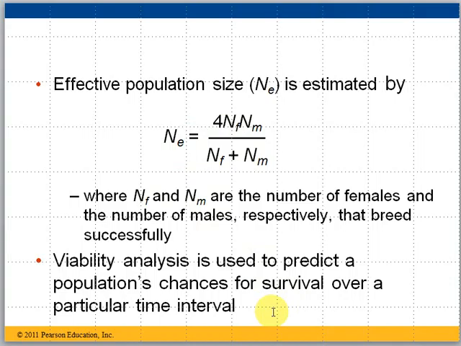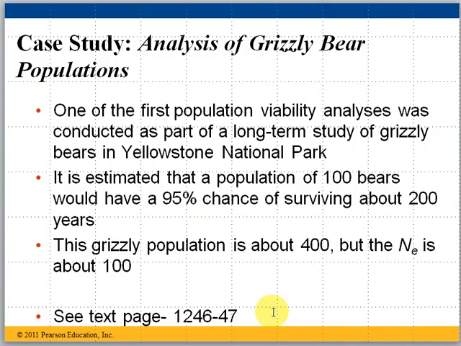Your textbook uses a case study of the analysis of a grizzly bear population. One of the first population viability analyses was conducted as part of a long-term study of grizzly bears in Yellowstone National Park, and it was estimated that a population of 100 bears would have a 95% chance of surviving about 200 years. So this grizzly population is about 400, but the Ne, which is the effective population size, was about 100.